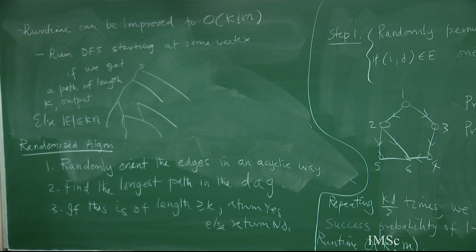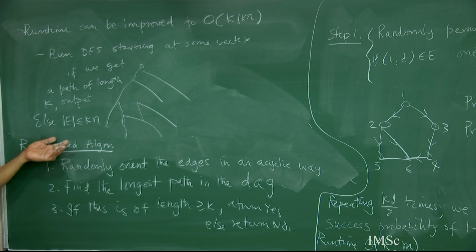It's a connected graph; otherwise, we'll work on every connected component. How are the non-tree edges of DFS? They are all going from a vertex to its ancestor. You cannot have cross edges. Now, if you don't have a path of length k from the root, that means the number of ancestors for every vertex is at most k.